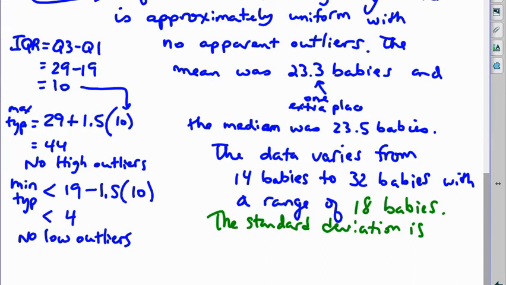It was just a sample of it, so it's appropriate to use a sample value of 5.2 and the same units as mean, babies. And again, also appropriate to have an extra place. So there's that. So now we've done it. We've described our data.